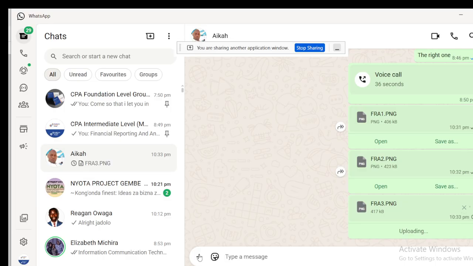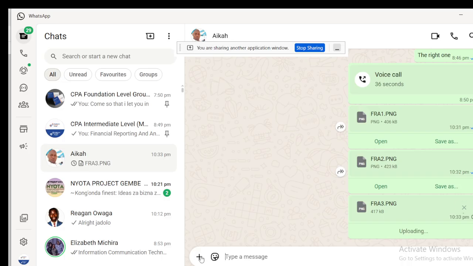Let me try and open them. Yeah, I think they are visible.